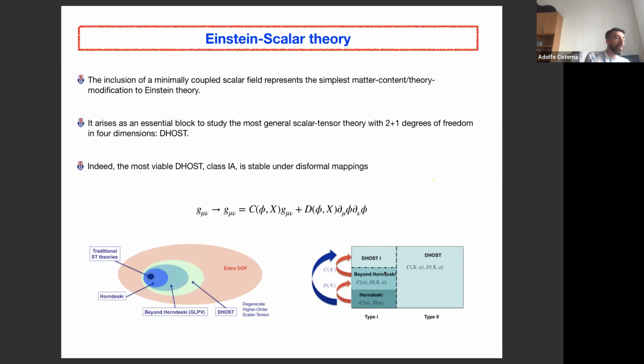But every time we are dealing with more sophisticated scalar-tensor theories, we know that the atom of these theories, the minimalistic sector, is Einstein with a minimally coupled scalar field, and that from there, via frame transformation, we can always go to other solutions in theories that are more complex.